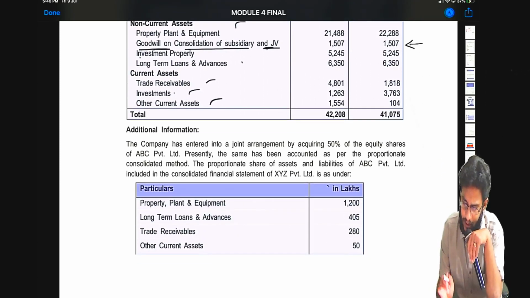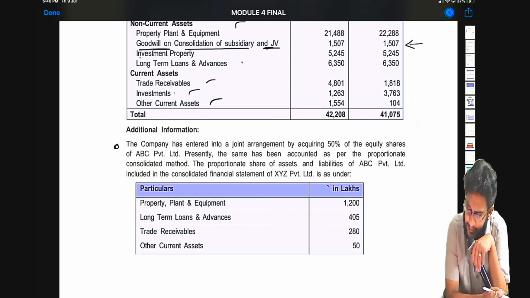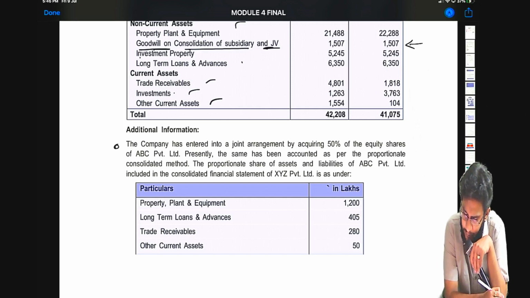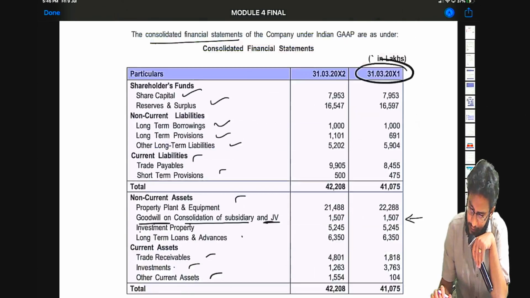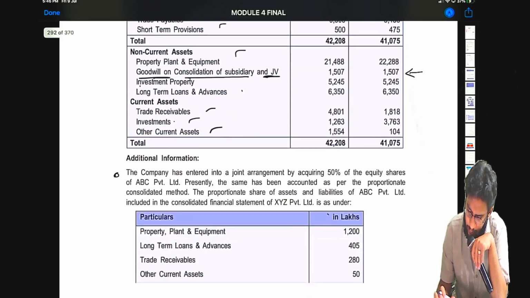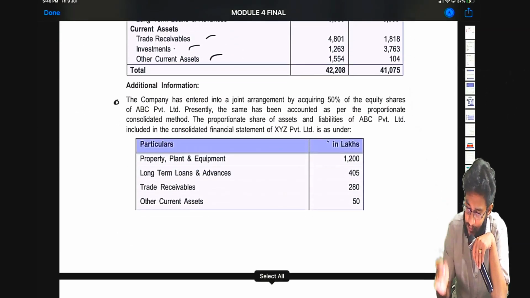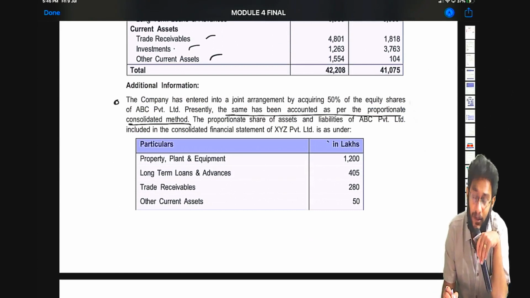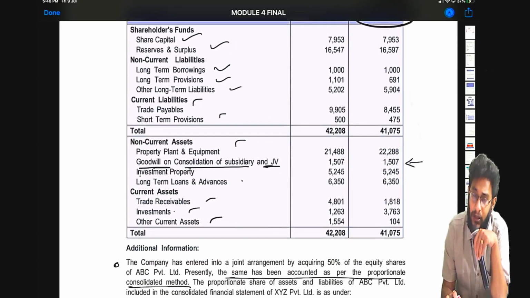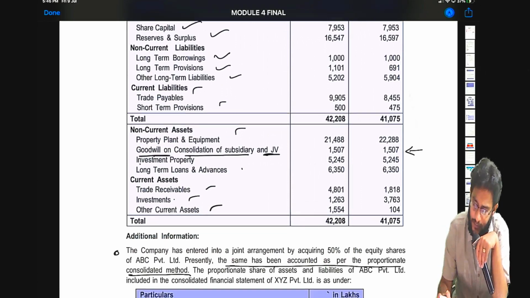Additional information: the company has entered into a joint arrangement by acquiring 50% of the equity shares of ABC Private Limited. So our company name is XYZ, and we have a joint venture with ABC. Presently, the same has been accounted as per proportionate consolidation method. That means in your assets and liabilities, JV assets and liabilities are also included.